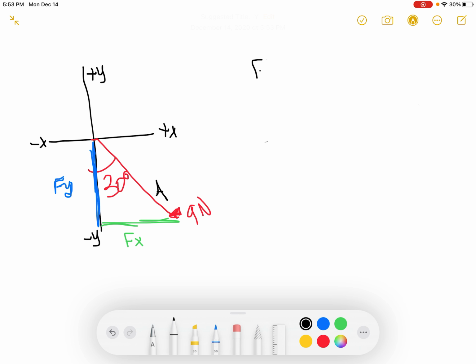Let's try to find the x component first. So we need to use SOHCAHTOA in order to find the x and y components. SOHCAHTOA. So let's separate this so we can see. What will we use? Will we use sine, cosine, or tangent? Well, it depends on where the angle is relative to Fx.